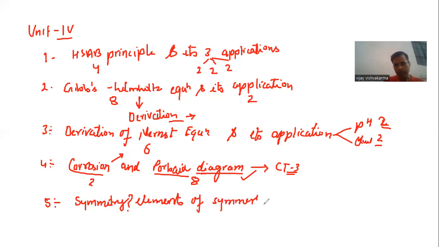So in the syllabus, there are a total of 4 elements. Each has 2 marks, and writing about symmetry has 2 marks. Now, as per the syllabus, some part of organic chemistry is also given in unit 4, but I am taking the weightage of these parts in unit 5. So let us move towards unit 5.